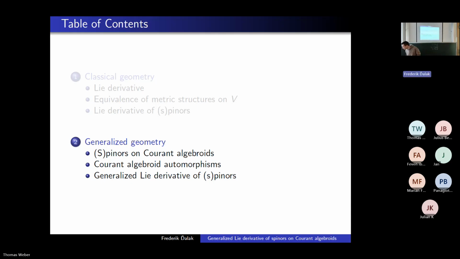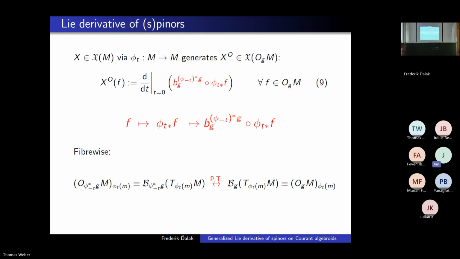Was there another? Yeah, hi, Fred. I wanted to ask about notation. In the previous slide, you had this B_g, and this B_g was that identification of orthonormal frames, in Formula 9. That denotes the parallel transport, if you take the B with the two different metrics, you mean?